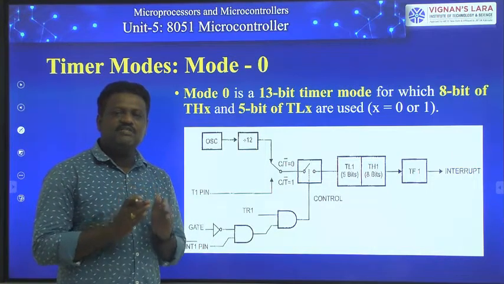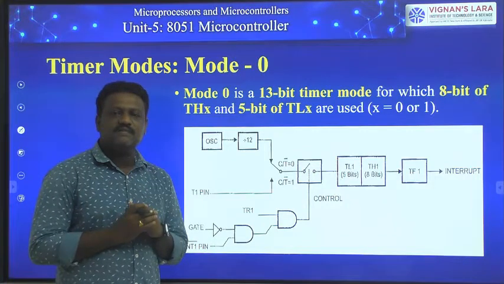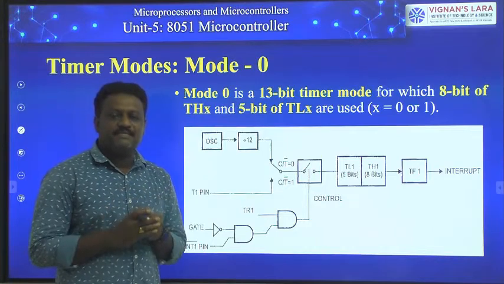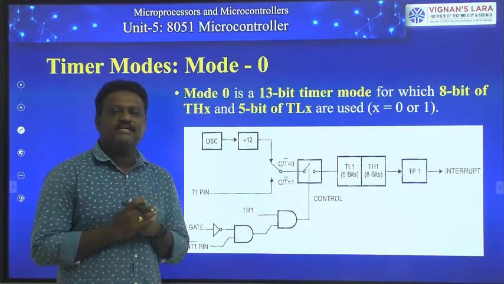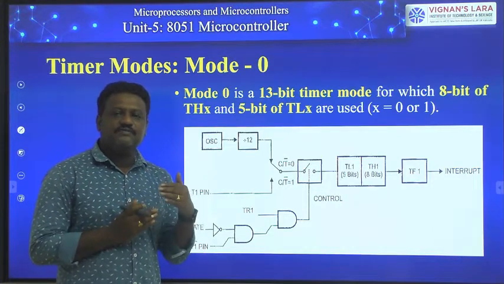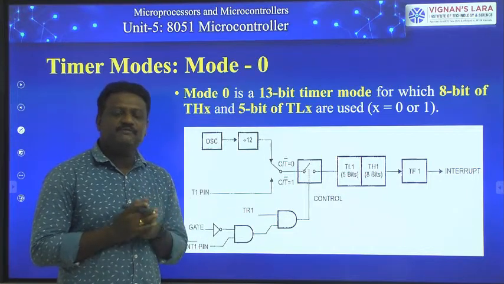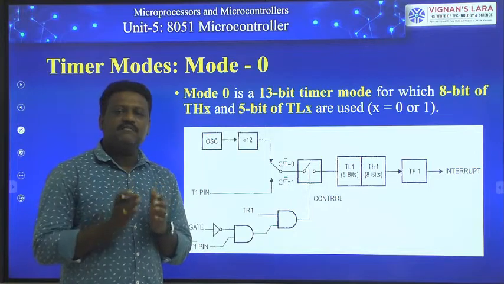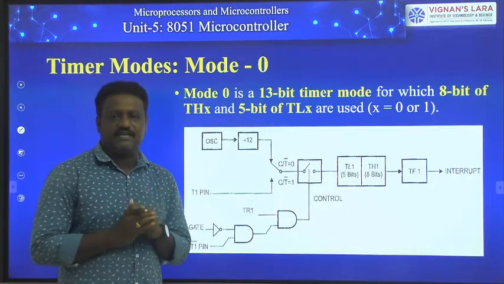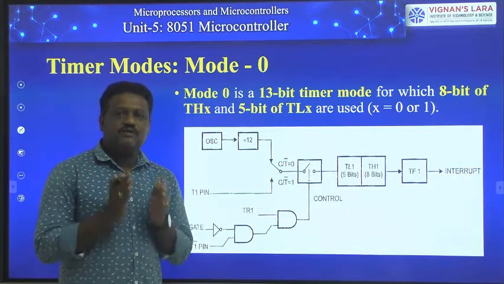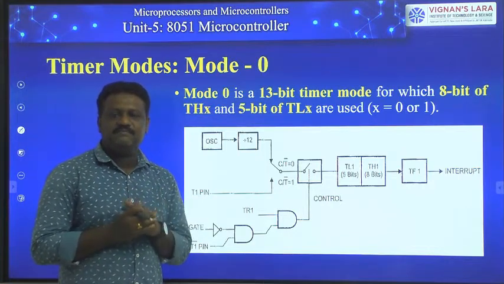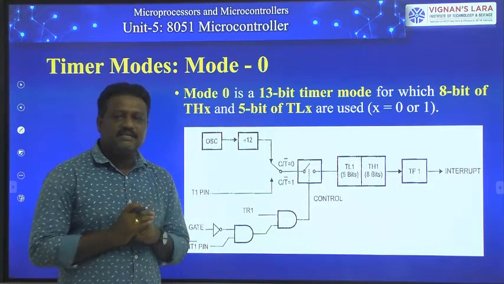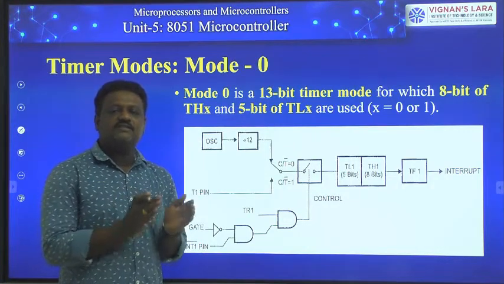Once the timer reaches the maximum count and receives one more clock pulse, the content of the timer rolls over from the maximum value to the minimum value. At that time the timer generates an overflow interrupt. Those overflow interrupt related flags and timer run bits are both present in the timer control register TCON.